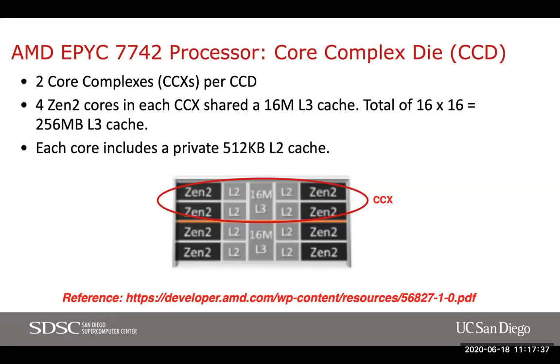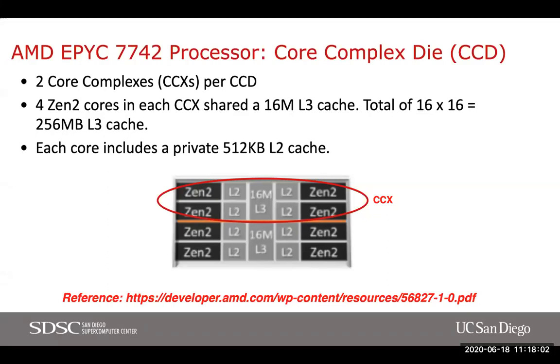If you do the math, since we have 8 CCDs and 2 core complexes each, you end up with 16 in each socket. So 16 times 16 gives you 256 meg of L3 cache, which is quite nice.